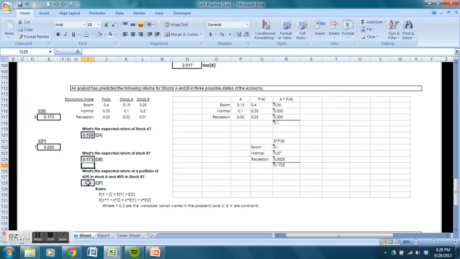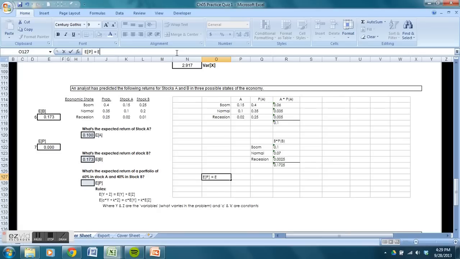Last question, which is a little trickier. What is the expected return of a portfolio of 60% in stock A and 40% in stock B? So what we're looking for is the expected return of a portfolio. What we can do in this case is start out with what we want. Just write out what we want: expected return of the portfolio. Now, change that to what the portfolio is.